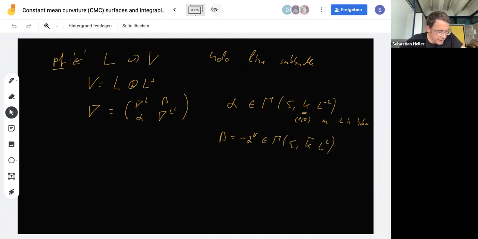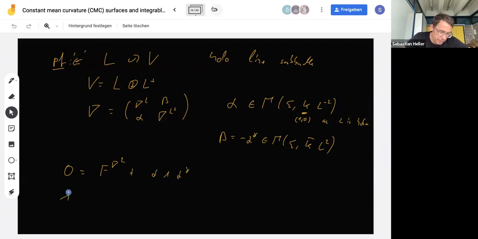And this, of course, is a section in K bar L squared. And we have that the curvature is flat. The curvature of nabla is vanishing. So we compute the curvature of the first component, and this gives us 0 must be the curvature of the bundle L plus alpha wedge alpha star.